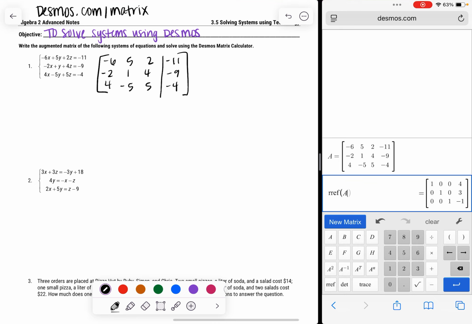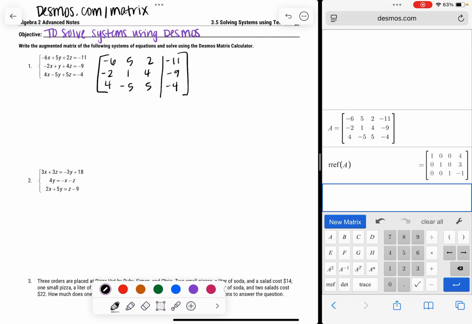I'm going to tell it I want it to perform reduced row echelon form on matrix A. I hit enter, and if you notice, when I take this matrix back to systems, it's going to tell me X is 4, Y is 3, and Z is -1. And so that means my solution is 4, 3, -1.